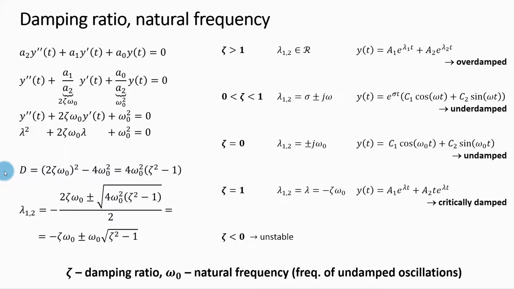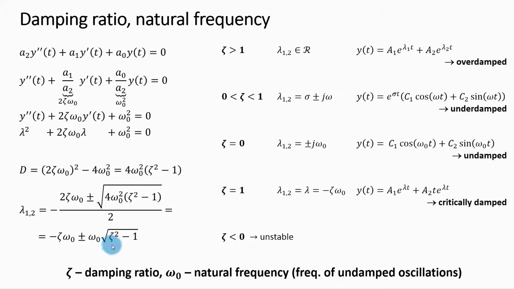The discriminant of the characteristic equation is this, and you can rewrite it like this. The roots of the characteristic equation can now be written like this, and this expression can be simplified into this one. Now, when you take a look at these roots, you can see that depending on zeta, you will get different types of the roots.